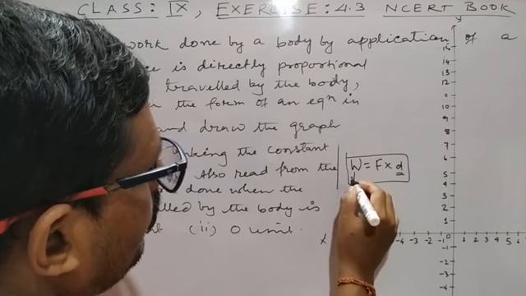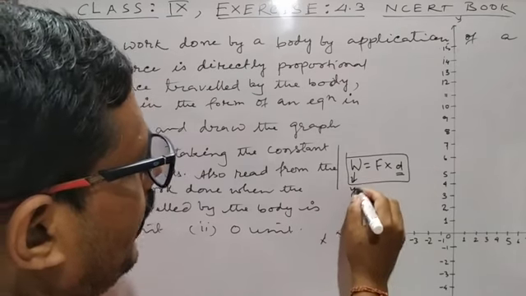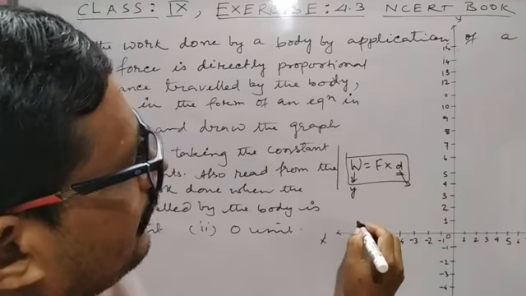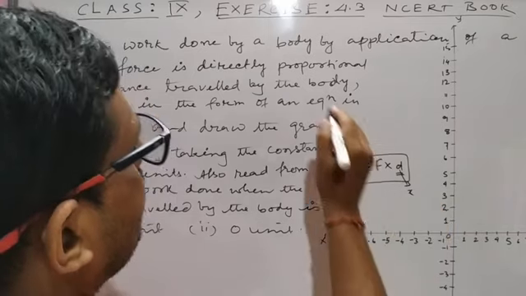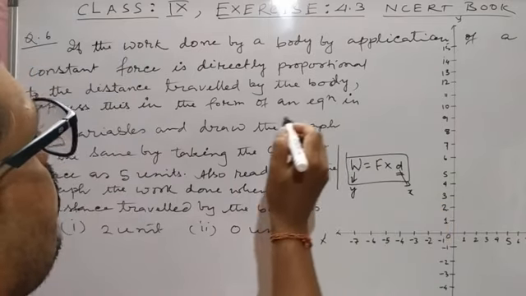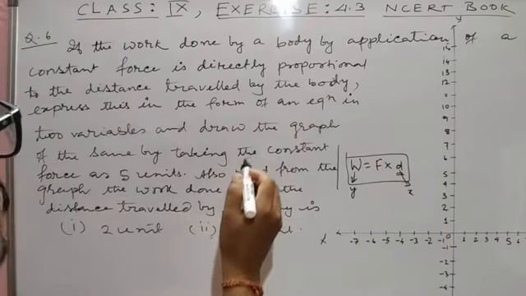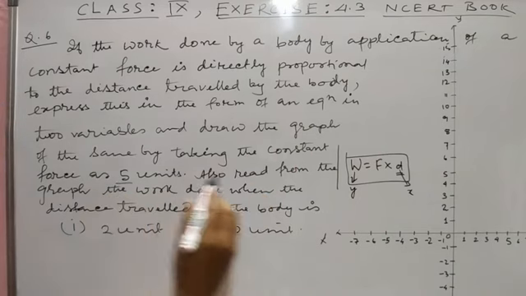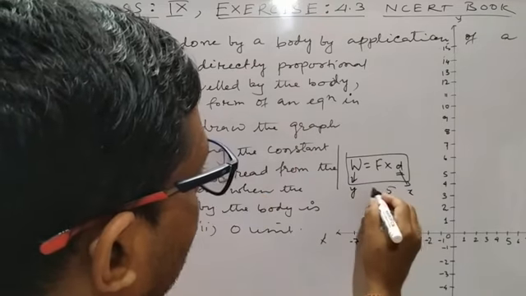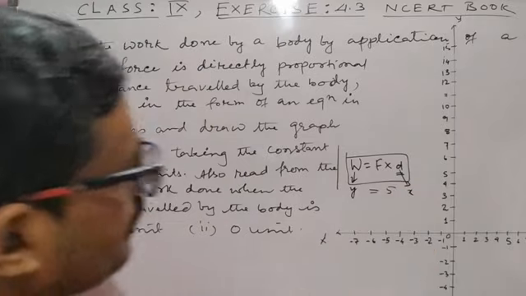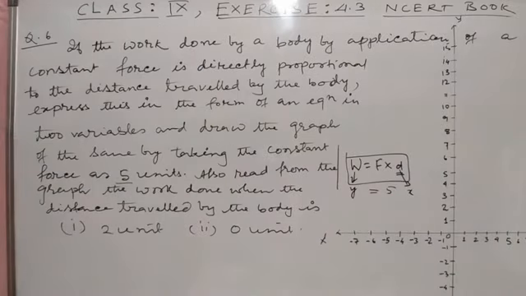We will consider W as Y and distance traveled as X, and the constant force we are given is 5 units. So we get the equation as Y equal to 5X.